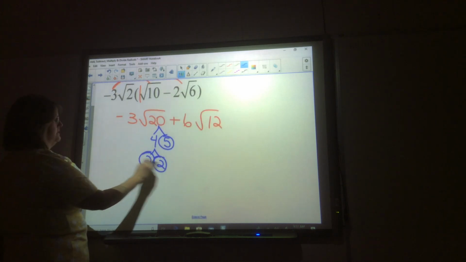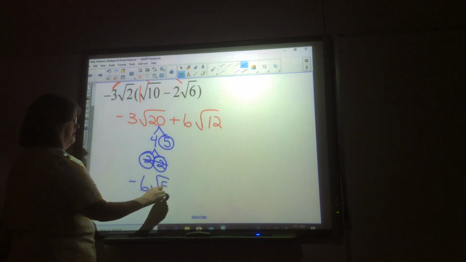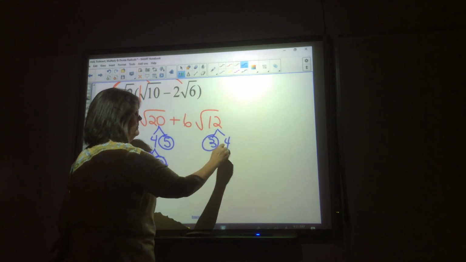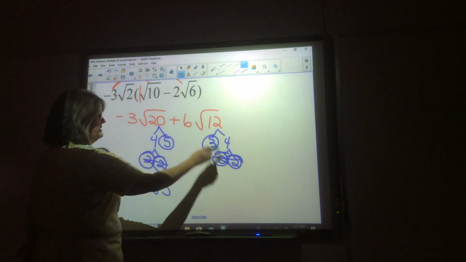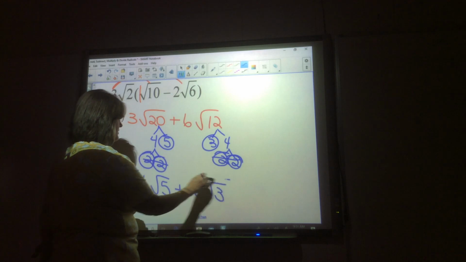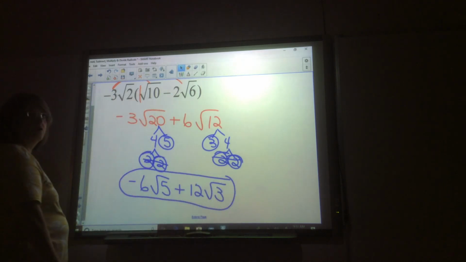This one is -3 times 2, which is -6, onto the square root of 5. This one is 6 times 2, which is 12 on the square root of 3. And I just stop there. If they could be put together, I would put them together, but they cannot.